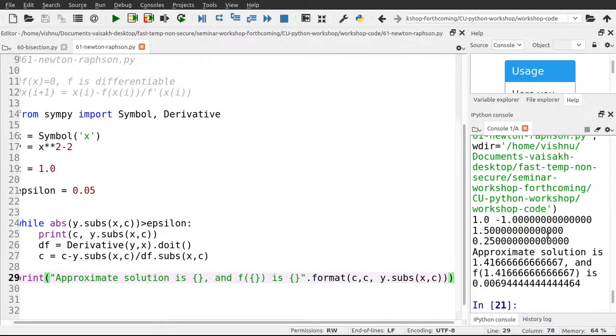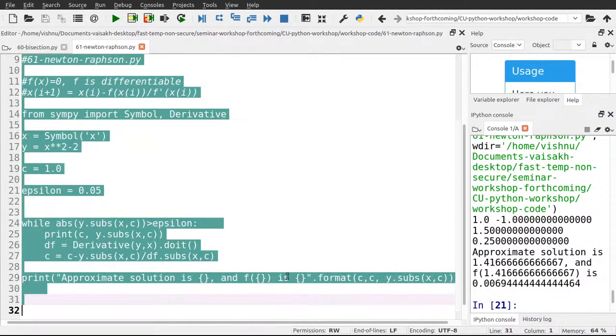The approximate solution is 1.41 etc., and f of that value is this. Okay, let me update the Google document with this. So the Google document is updated with this.